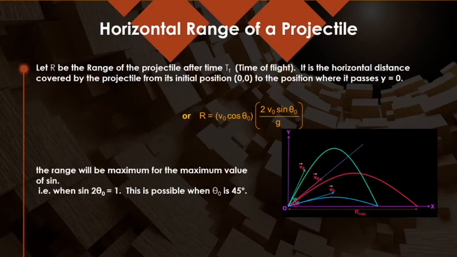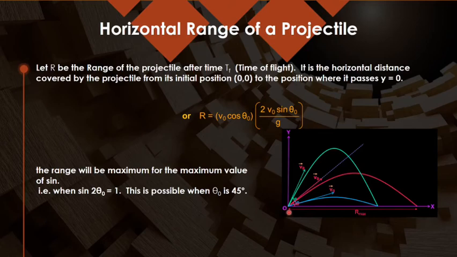Now the next thing is you have to find the horizontal range. It means you are throwing the body from here with some velocity, and it reaches here. So this is the horizontal distance traveled by the body along the horizontal direction. If I change the angle of projection, of course the horizontal range also changes.